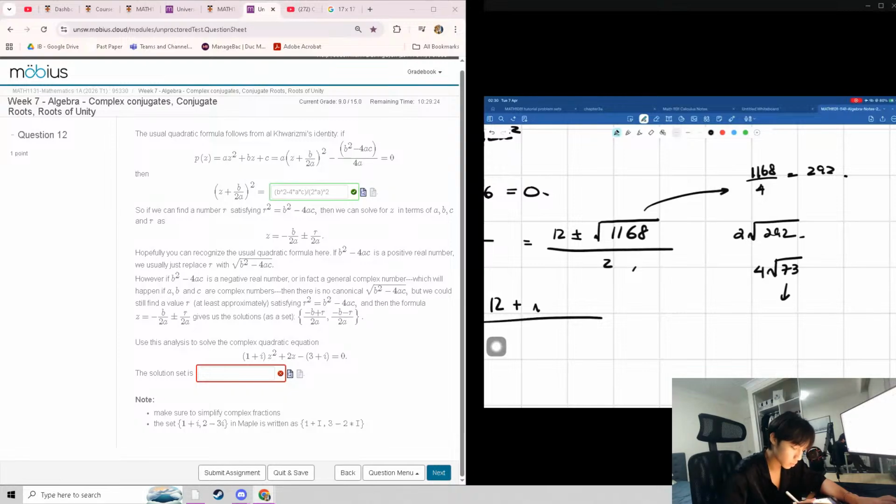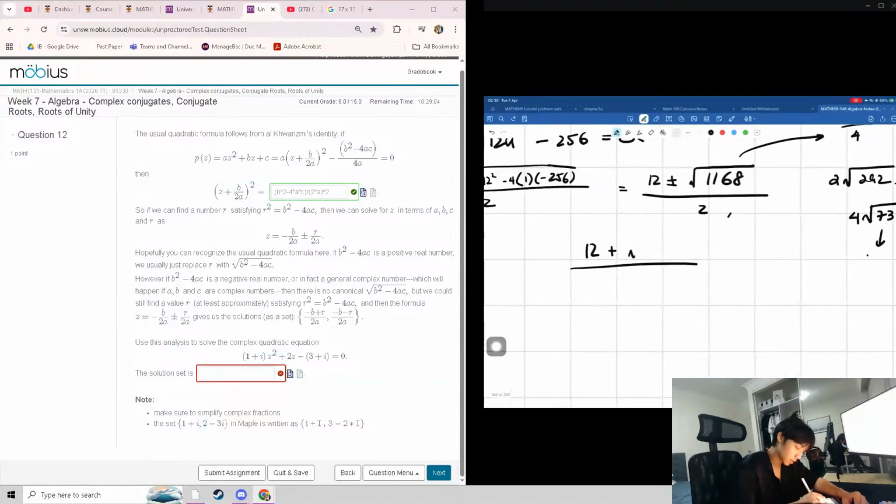We could pull out, 73 looks like a prime number to me. Yeah, that's fine. So we've got 4 root 73. Right? Yep.